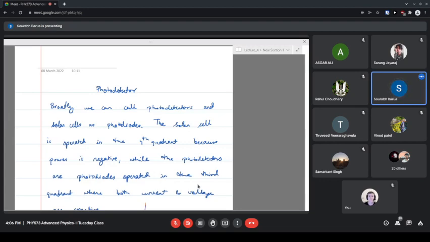Those are used to detect the level of light intensity. It basically converts light into electrical energy, but that is used to detect light, not to get energy from it, like we use solar cells. You remember that the solar cell is used in the fourth quadrant where voltage is positive, that is forward biased, and current is in the reverse direction.